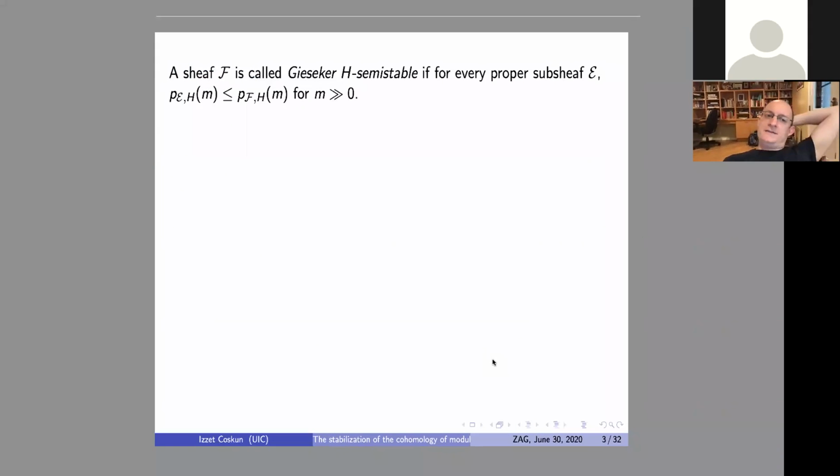All right, so then the main definition that we have is that a sheaf is called Gieseker H semi-stable if for every proper subsheaf, the reduced Hilbert polynomial is less than or equal to the reduced Hilbert polynomial of this F. And what does it mean for a polynomial to be less than or equal to? It just means that that happens for m sufficiently large. And then if you have a sheaf like that, you call it Gieseker H semi-stable.